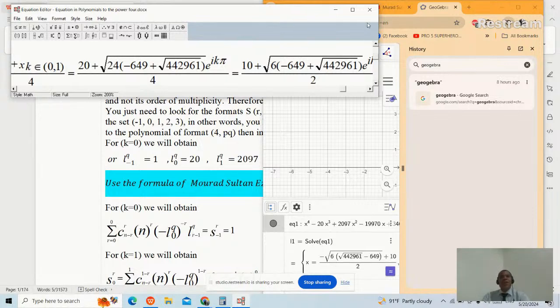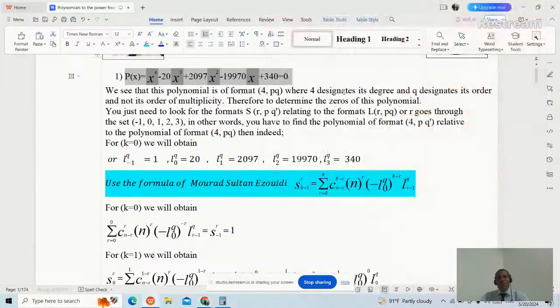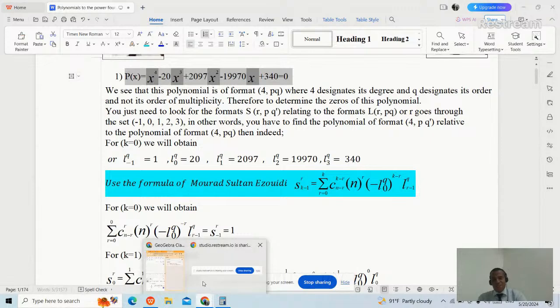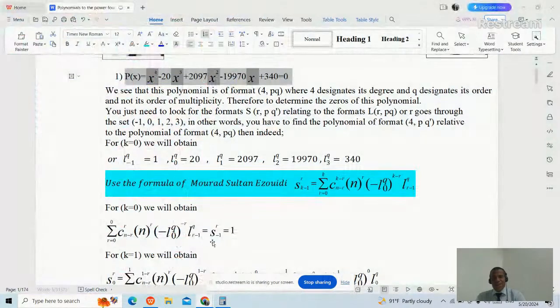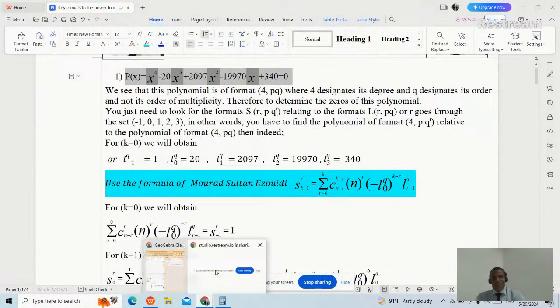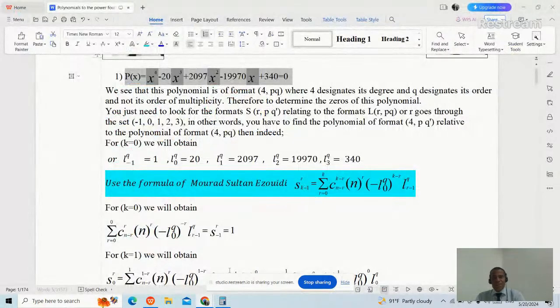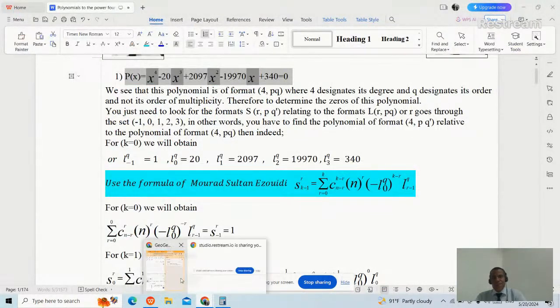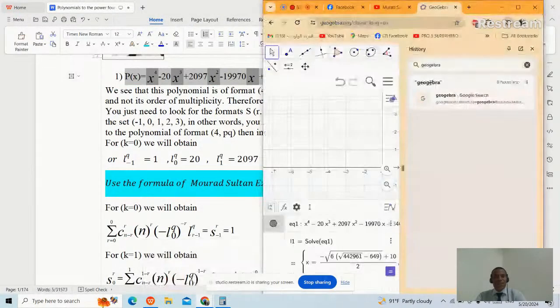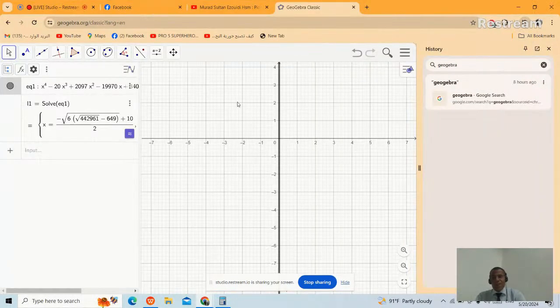Okay, so now learners, why I told you that: because if you give work to GeoGebra to solve, it can solve. I'll give an example. What is GeoGebra? Okay, GeoGebra. Now I will give you this example.